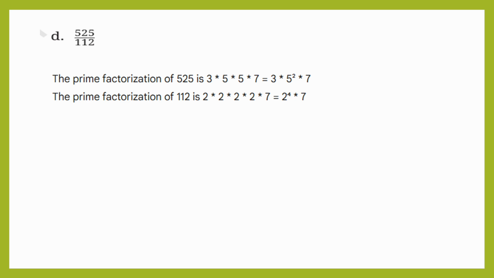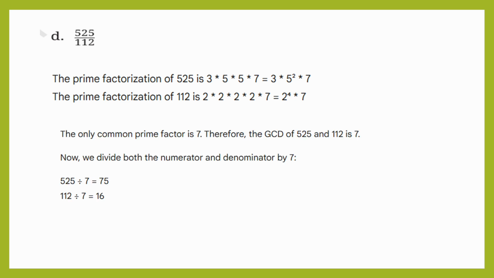Next one, 525 by 112. See, we have to find the common factors. So the prime factorization of 525 is 3 into 5 into 5 into 7, that is 3 into 5 square into 7. Then the prime factorization of 112 is 2 into 2 into 2 into 2 into 7, that is 2 raised to 4 into 7.